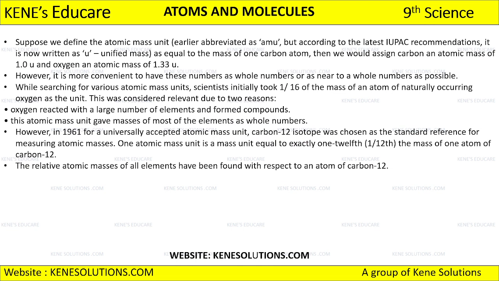After this, now see. Suppose we define the atomic mass unit, AMU, like we have already studied. Now instead of using the term atomic mass unit, we use the term unified mass. Always remember that this unified mass is equal to 1 by 12 the mass of one carbon atom. And then we could go on and assign carbon an atomic mass of 12.0 u, and oxygen an atomic mass of 16.0 u.